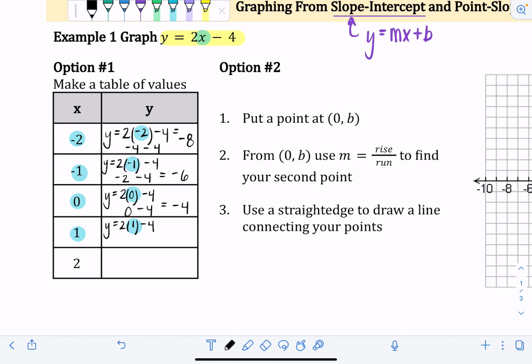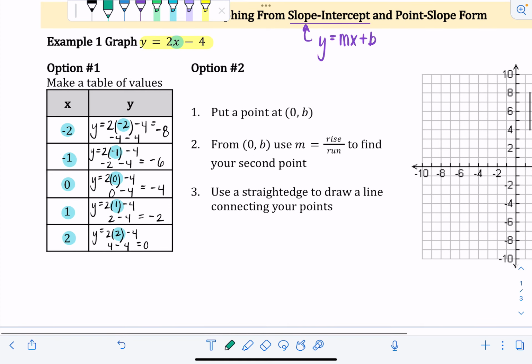And then 2 times 1 is 2, minus 4 is -2. And then the last one, I just need to plug in x equals 2. So it's y equals 2 times 2 in the parentheses minus 4. So 2 times 2 is 4, minus 4 is 0.